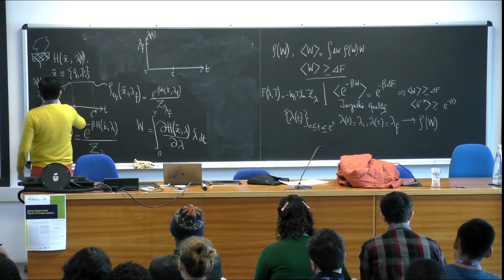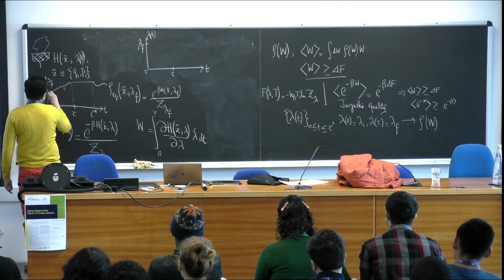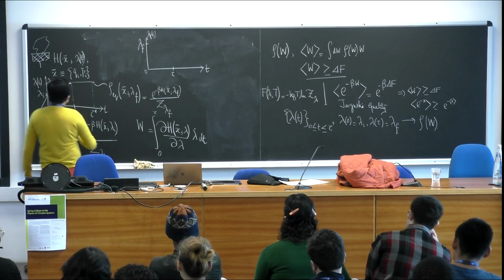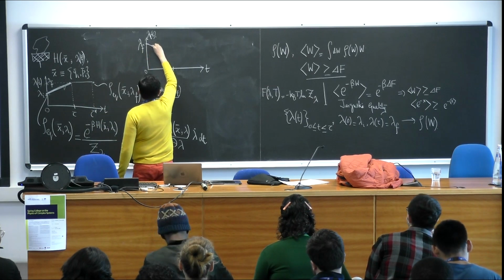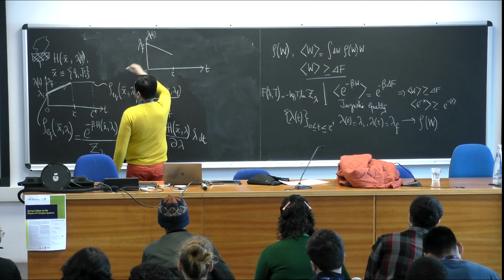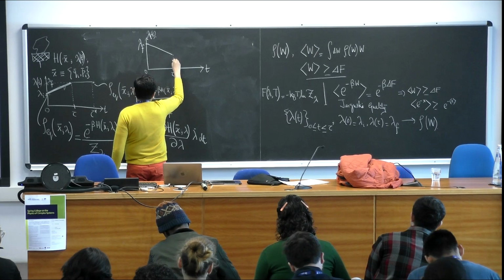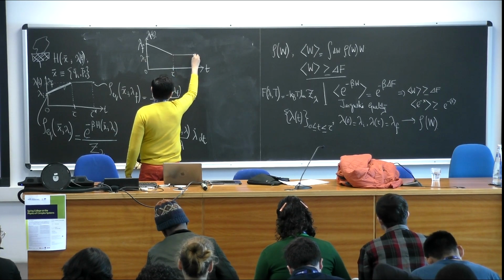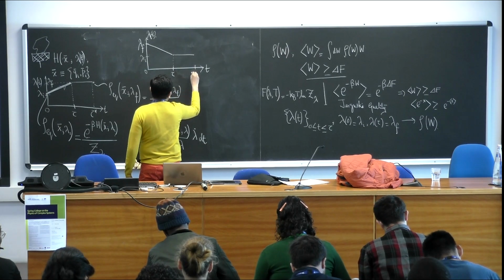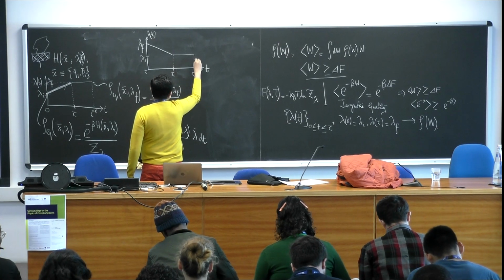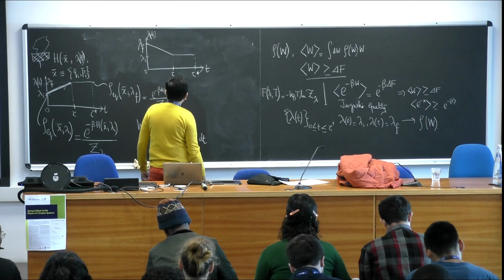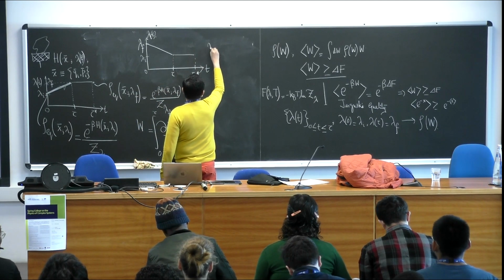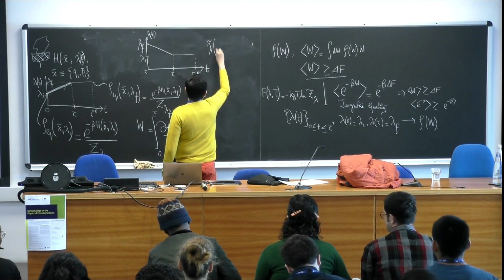Now I do this. It's exactly the time reversed protocol. And then I keep lambda fixed at lambda I, and again at some time tau star, it will come to equilibrium at lambda I. So what is the protocol now? Let me call it lambda bar T.